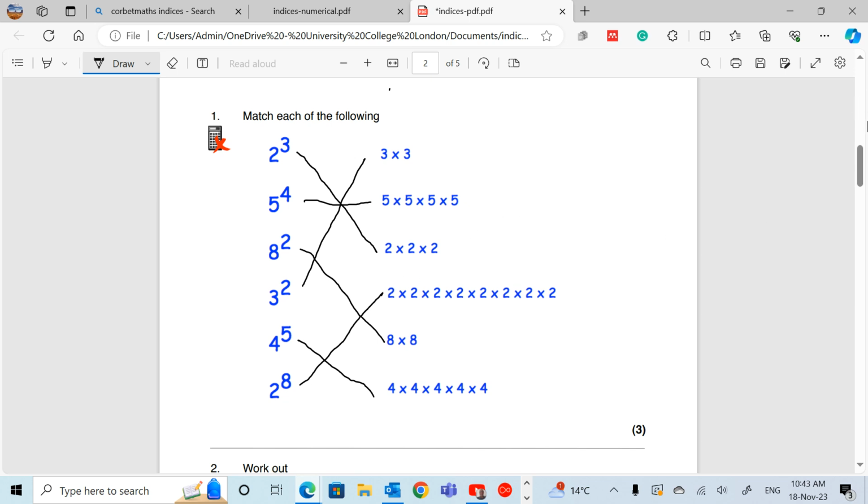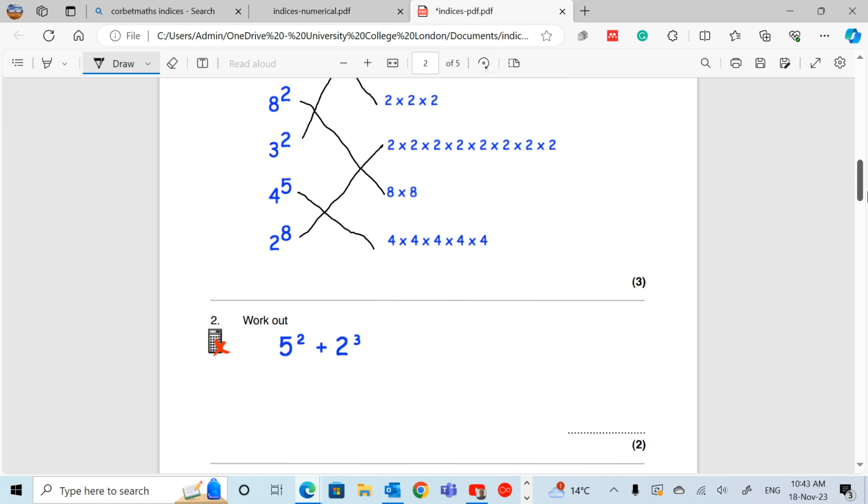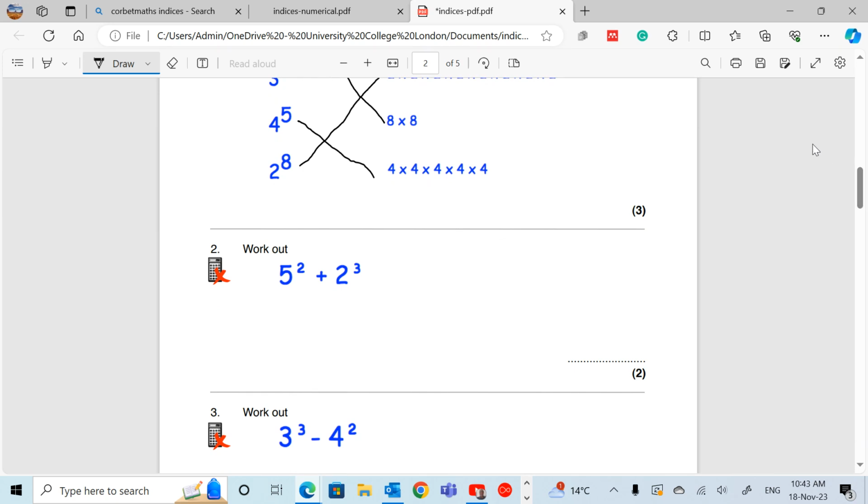Let's move on and let's see how else they could introduce us to indices and question us in the test. Number 2, non-calculator paper, it says work out. Work out normally means you just find the value. They could ask that as well. 5 squared, well that's 5 times 5, plus 2 cubed, which is 2 times 2 times 2.